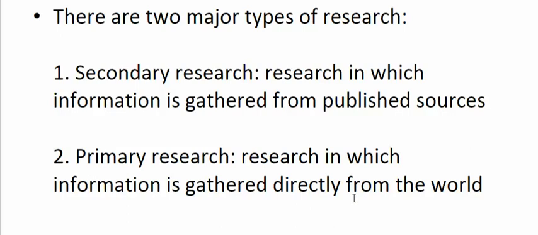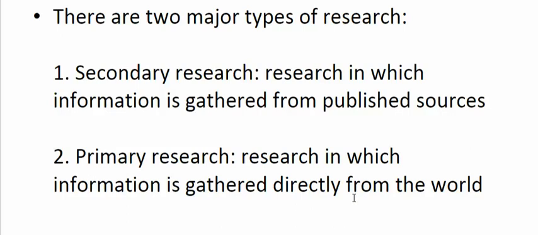So the person did primary research, and the article that was written is a primary source, reporting a piece of primary research. But if a student comes along later and looks up that article and reads about it, that student is doing secondary research, right?